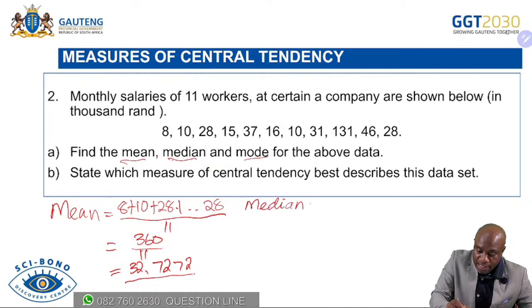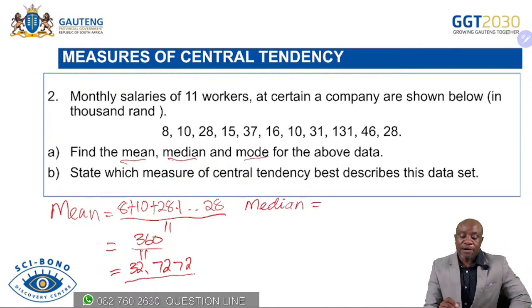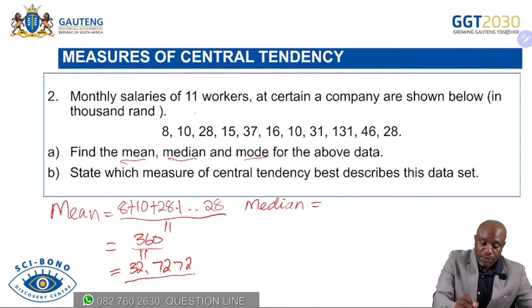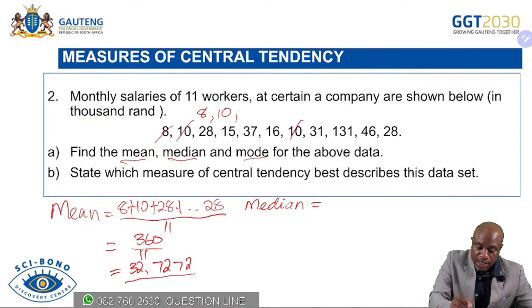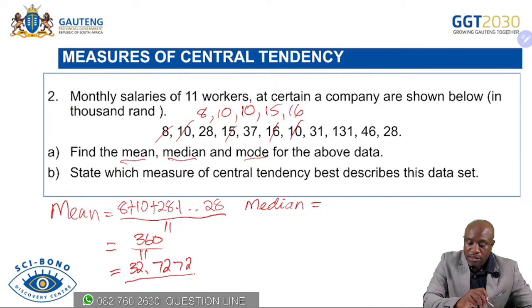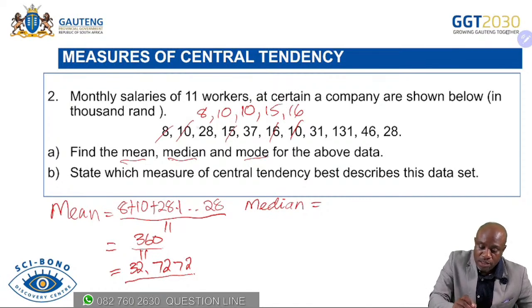Remember, when we're finding the median, we have to arrange the numbers in order. So the first number that is small there is 8. The next one is a 10. And the next one is another 10. And the other one is a 15. The next one is a 16. And the next one is a 28.